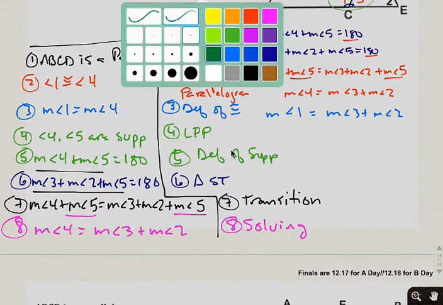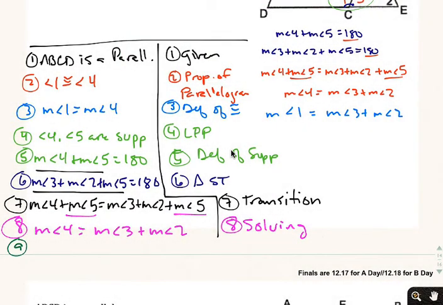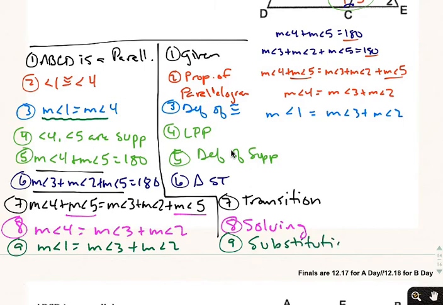And last step, step 9, because I've established in step 3 that 1 and 4 are congruent, and therefore the measures are equal, I can simply say that the measure of angle 1 is equal to the measure of angle 3 plus the measure of angle 2, and that's going to be substitution. Okay, and that finishes my proof.